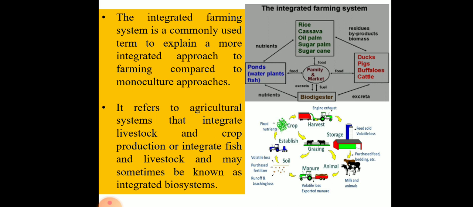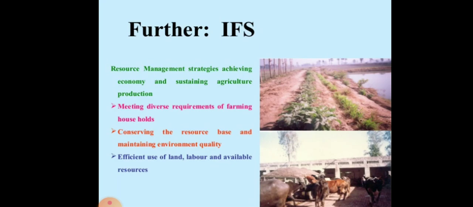Okay, so we have here an example. So, integrate livestock in crop production or integrate fish and livestock, may sometimes be known as integrated biosystem. Okay.